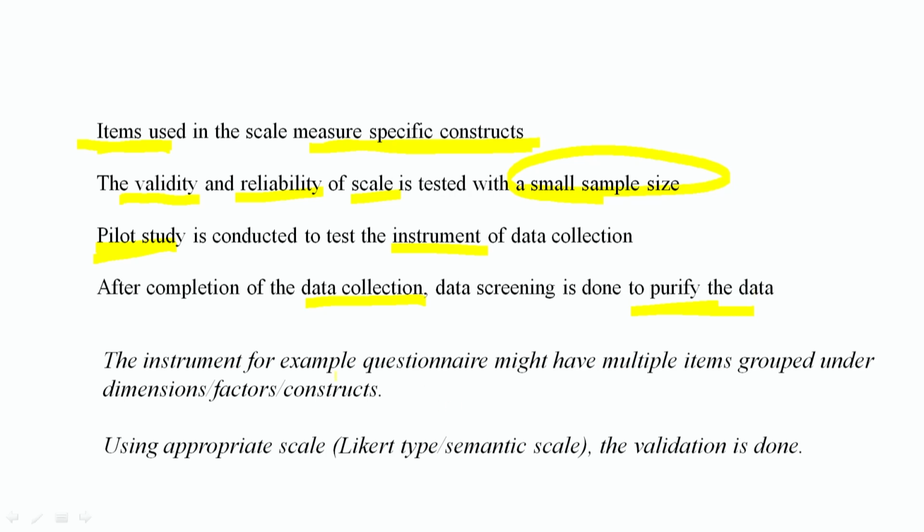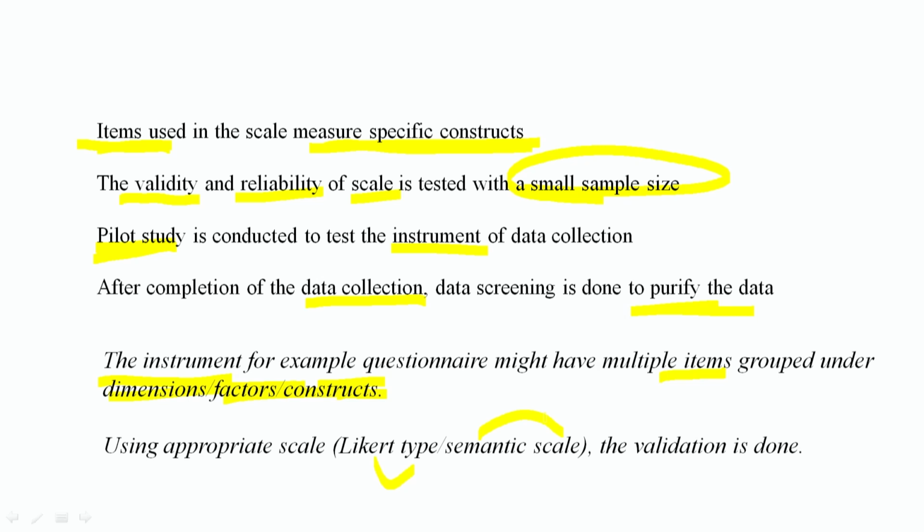So, the questionnaire has multiple items which are grouped under dimensions, factors or constructs. In the previous video, I have given an outline on the frequently used terms in quantitative research. Now, we hear about Likert type scale or semantic scales. These are nothing but a kind of measuring pattern.